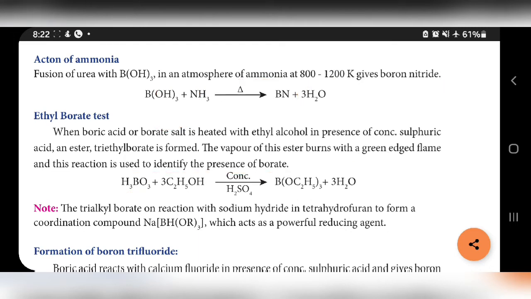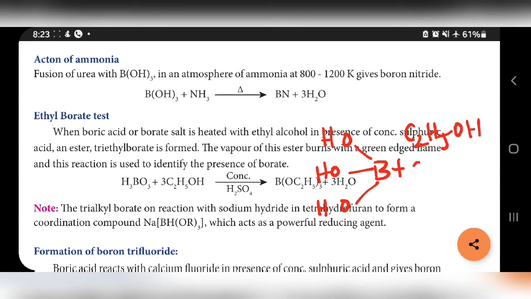See this equation, we can write boric acid H3BO3 as boron with 3 OH group. This is H3BO3, that is boric acid. It is reacted with ethyl alcohol. 3 molecules of ethyl alcohol, C2H5OH.